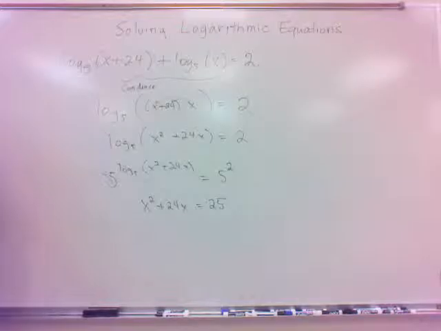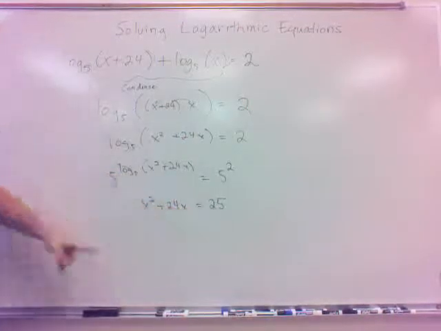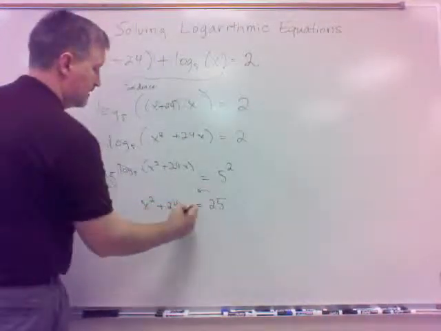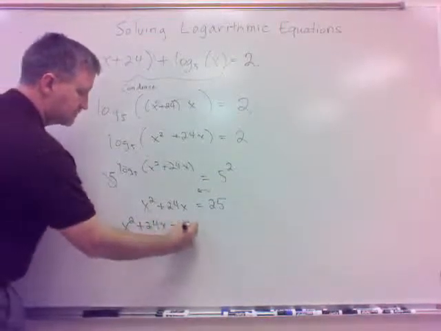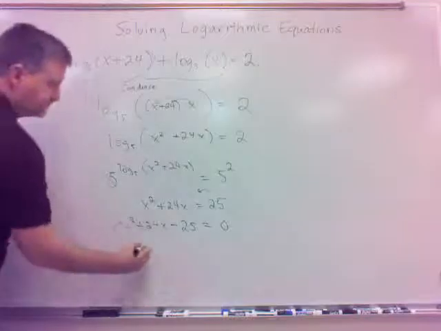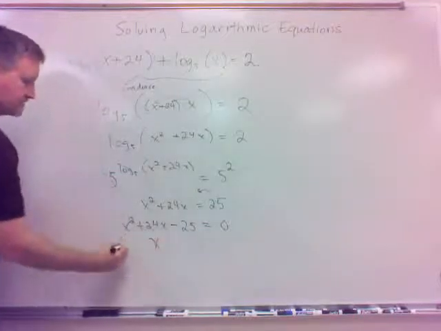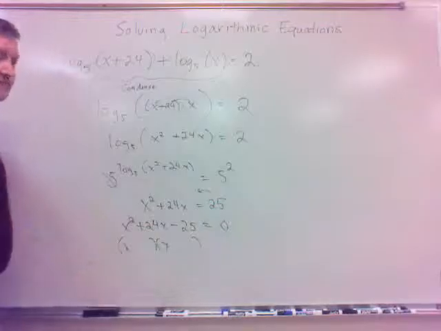Can you square root sometimes? But this one is factoring, isn't it? I need to make one side 0 and use factoring. So I'm going to move the 25 over, make that side 0. So subtract the 25, set it equal to 0, then factor. And that one just so happens to factor. x and x, minus 25 with 24 in the middle.